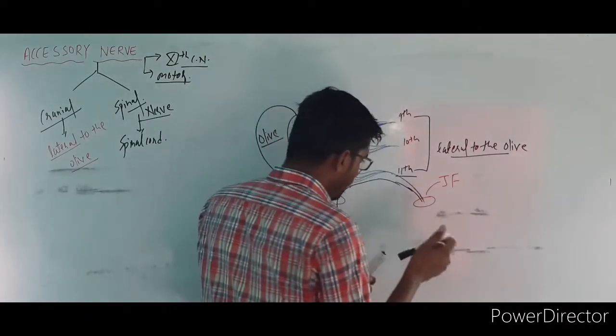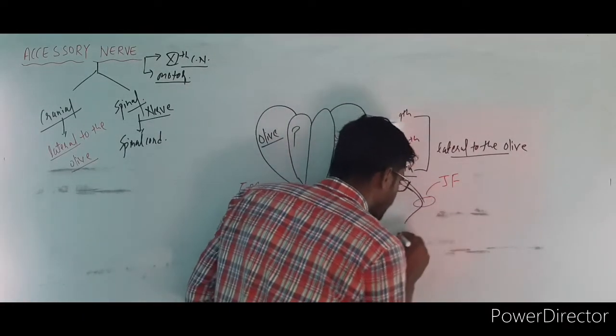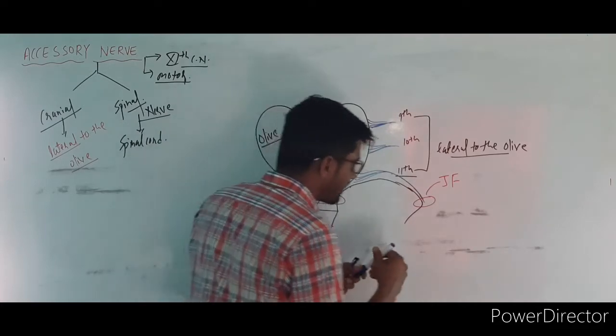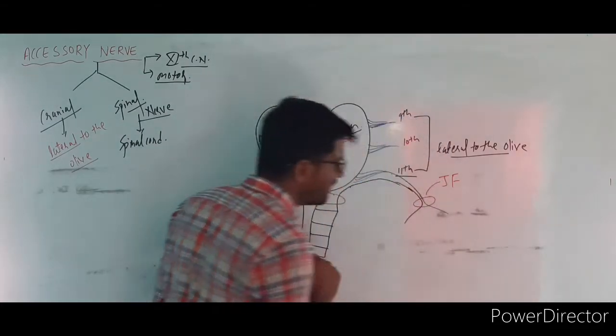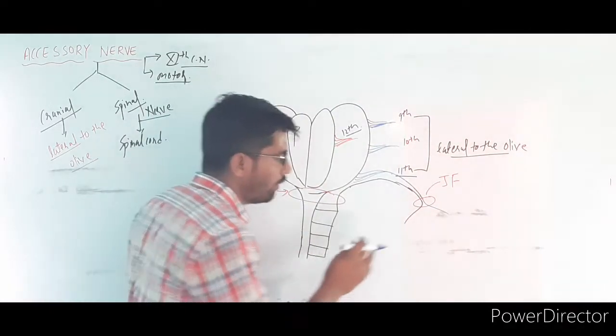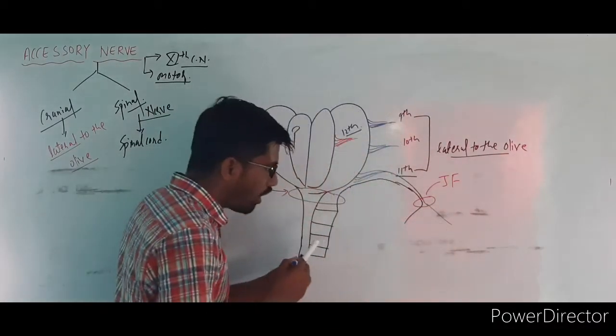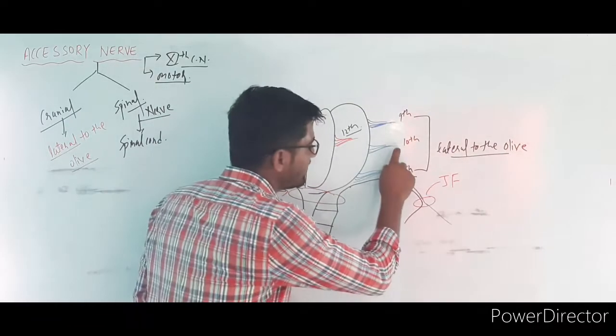So this is the spinal root, and here is the cranial root. Now, what actually happens? Here is the 10th cranial nerve.